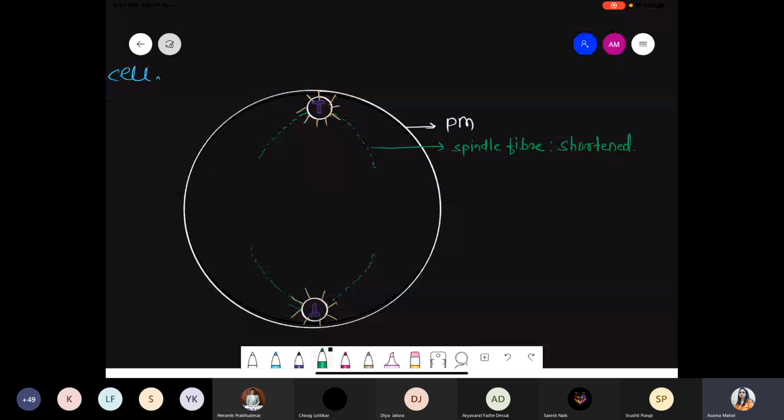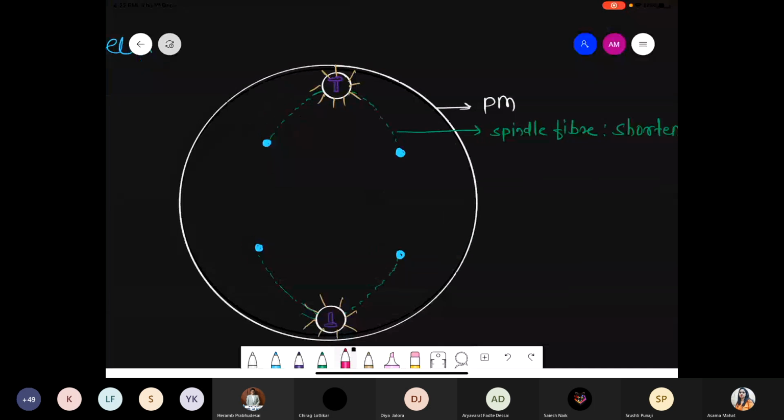Okay? Now we have to draw the structure of the daughter chromosome also. How exactly does it look? So this is the blue color, that is for the centromere, and now we are talking about the chromosomes. Like this.